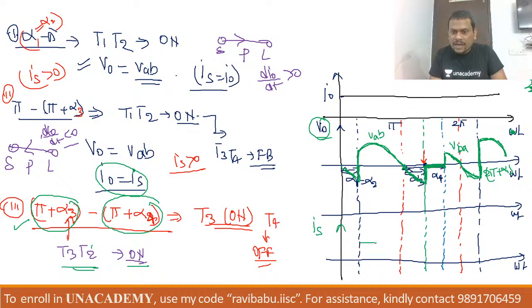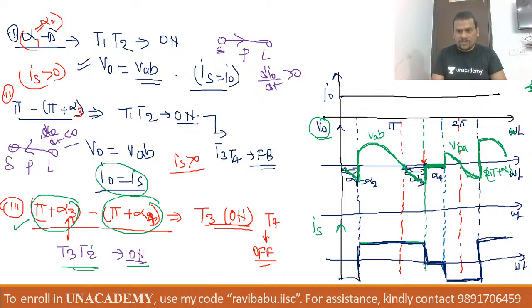Listen to me carefully. Here your IS is positive up to this period. And see here, your V naught is 0, which means column wise on, so our IS will be 0. Now the direction of current changes because T3 and T4 are on, so our IS waveform will change. And again it will be positive due to T3, T1 and T2 on.